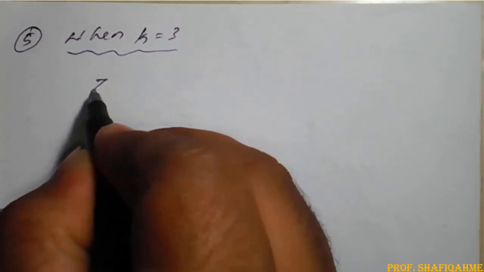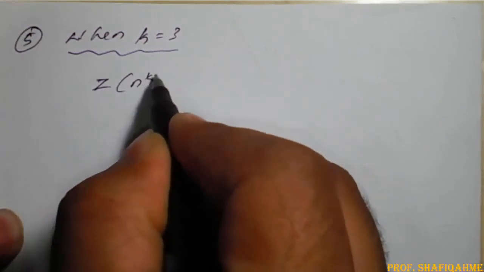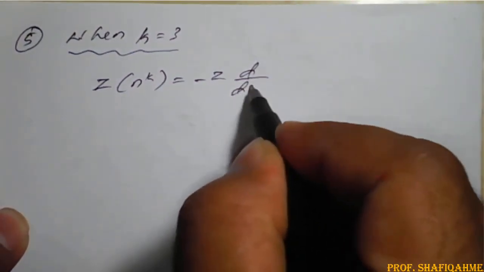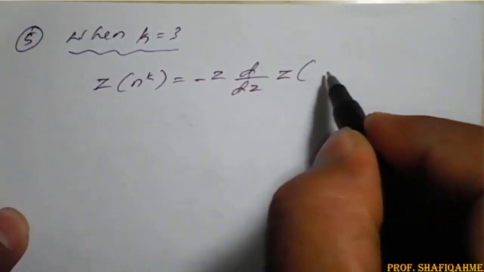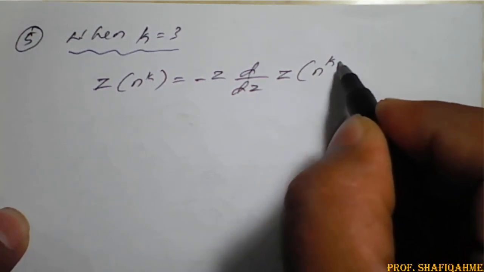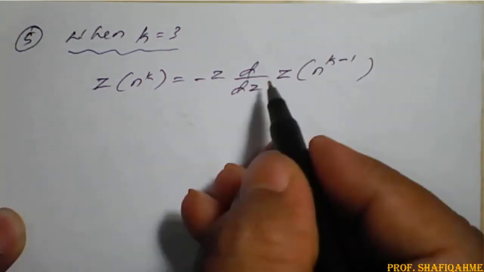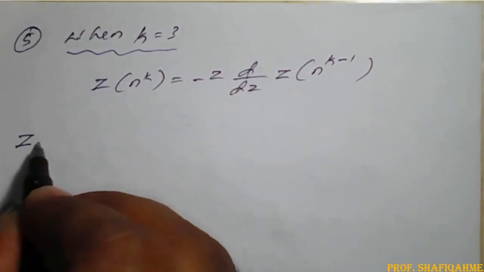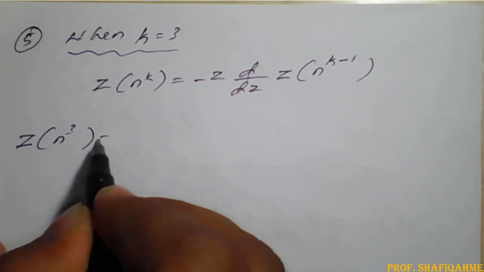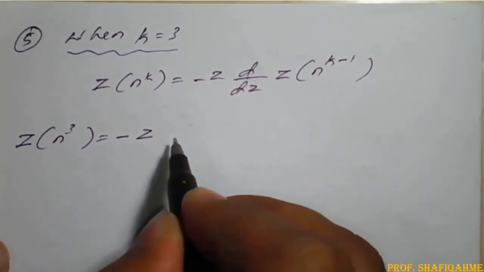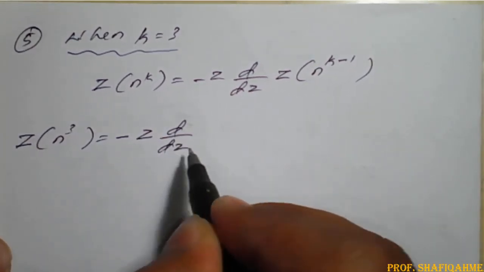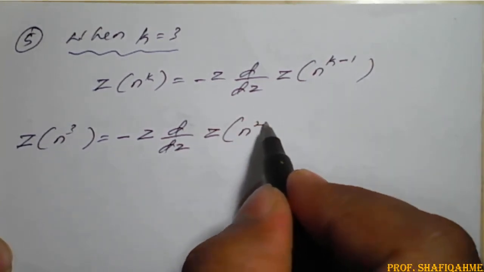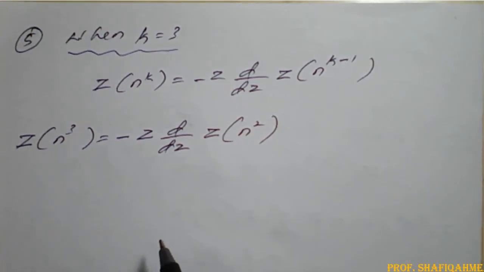So we know our property z of n raised to k is equal to minus z d by dz of z transform of n raised to k minus 1. So here if you put k is equal to 3, what happens? So z of n raised to 3 is equal to minus z d by dz of z transform of n raised to 2, that is n square.